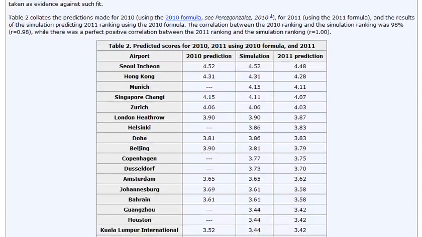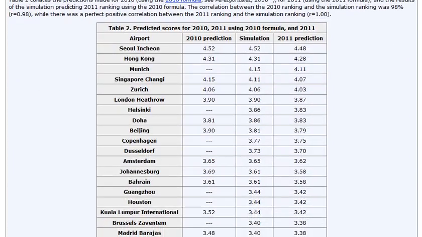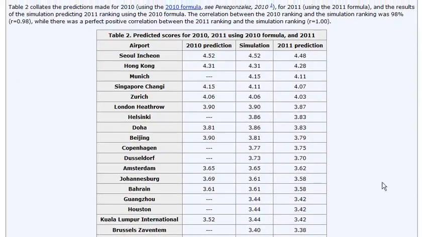Another part that this study produces, and this is more related to that replication aspect, is this second table. Now what we have here is the prediction done in 2010 using, of course, data for 2010, and the prediction for 2011.